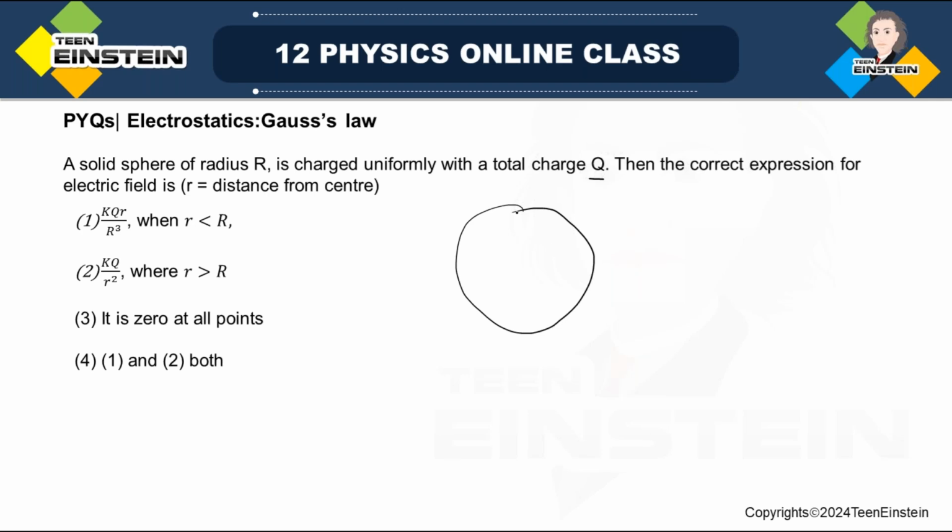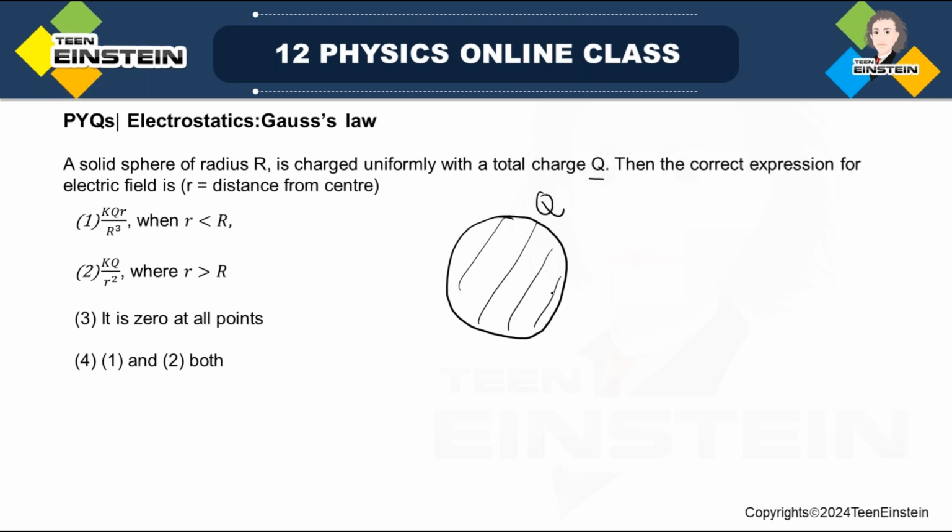Just imagine this is a sphere, uniformly charged with total charge Q. A solid sphere means there is charge everywhere inside and out, and on the surface also. So charges are there throughout the inside. It has a radius capital R.